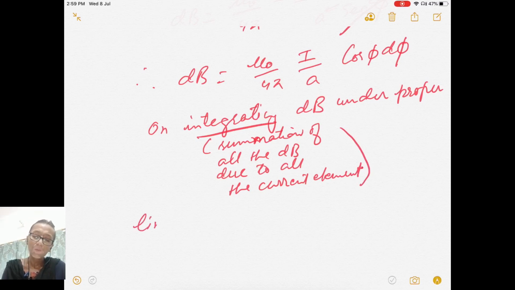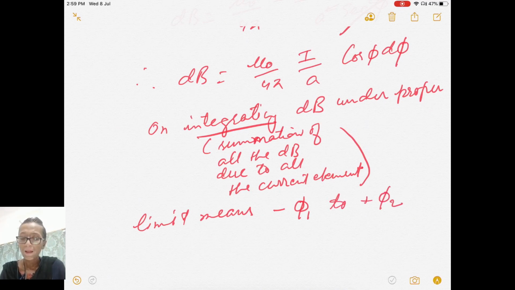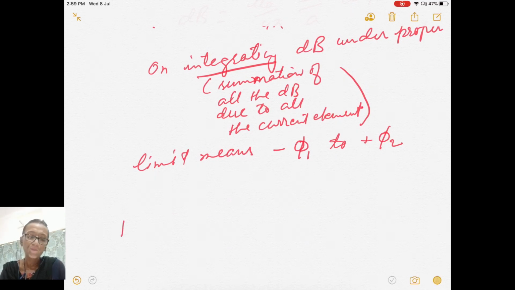Under proper limit means minus phi 1, because it is in the negative direction, to plus phi 2.